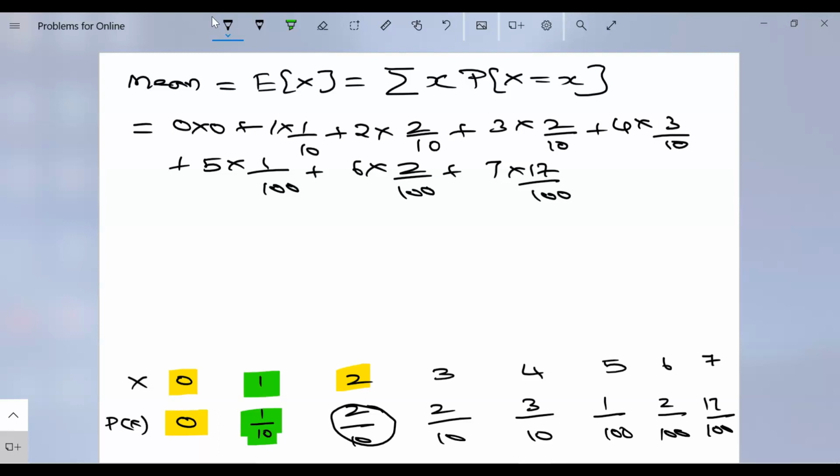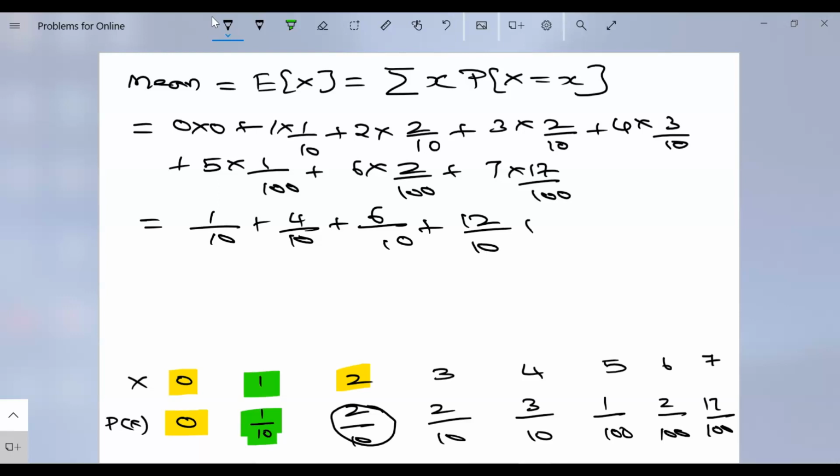When you add it, the first value, 1 multiply 1 by 10, is 1 by 10. Needless to write 0, because 0 multiplied is 0. Next, 2 multiplied this one is 4 by 10. Next it is 6 by 10. Next is 12 by 10.